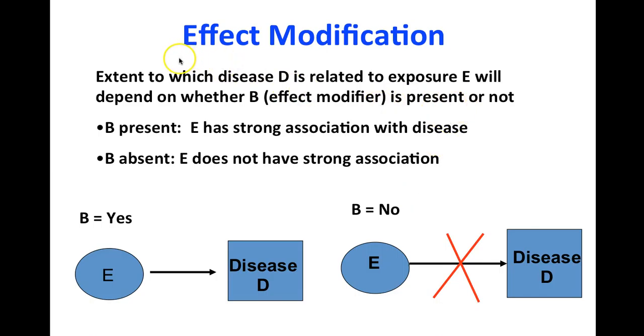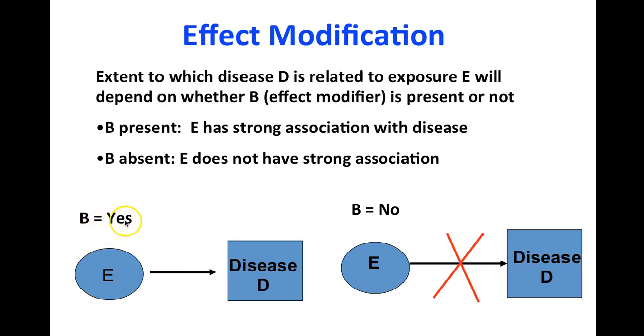Effect modification is the extent to which disease D is related to the exposure will actually depend on whether B is present or not. So if B is present, then the exposure has a strong association with disease. If B is absent, the exposure won't have a strong association with disease. So we could say that B is, say, a gene.